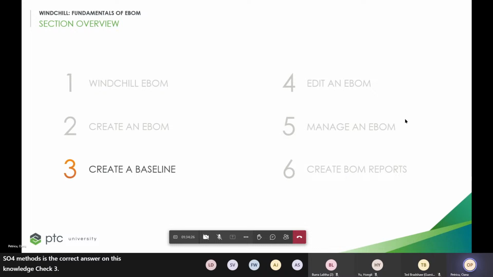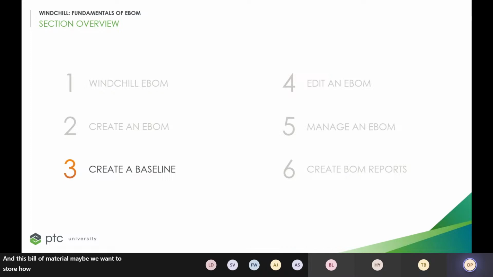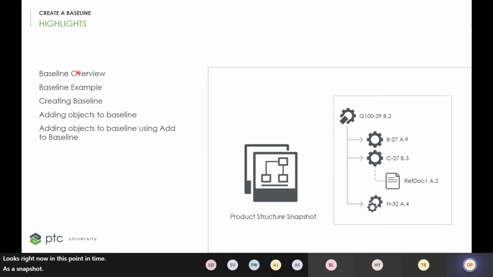Moving forward, as we created this bill of material, maybe we want to store how this looks right now, at this point in time, as a snapshot. For this, we have the baseline. It's a snapshot of a collection of Windchill data.